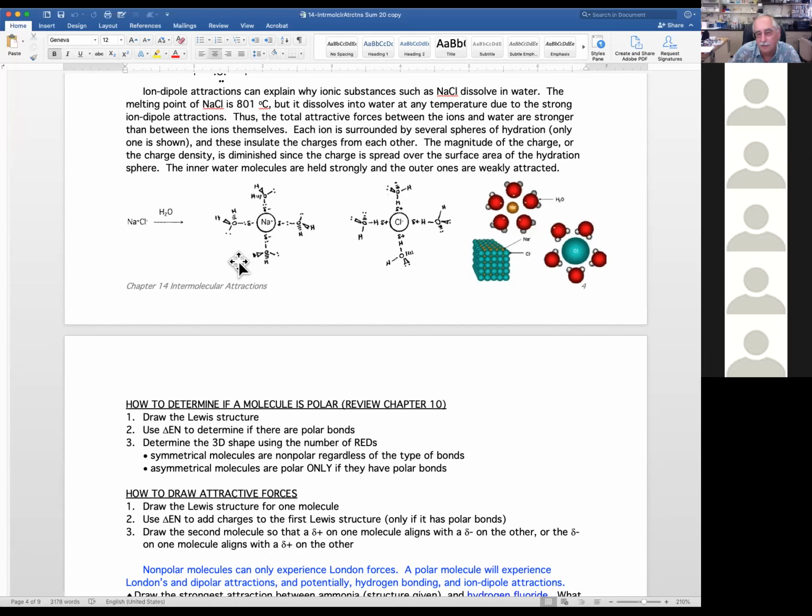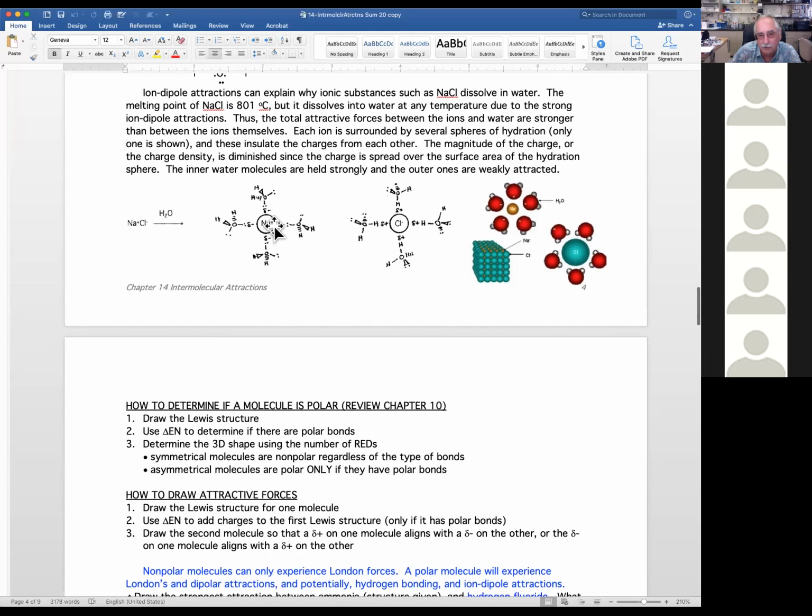But what you've really done is taken this small sphere with a positive charge on it and put it onto a much bigger sphere with a positive charge on it, which increases the charge density dramatically. But then that's simply the first layer of hydration. There's going to be a second layer and a third layer. Here's the partial positive. It's going to attract the partial negative of another water molecule.